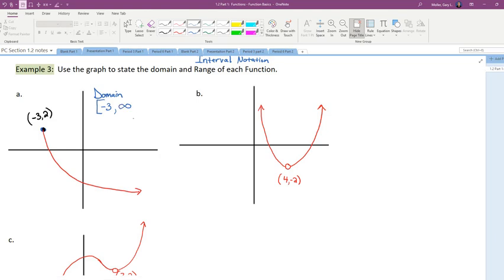Since we can't say a specific number, we're not saying go up to 1,000,000, we're saying just keep on going. Infinity is always with an open bracket or a soft bracket. Open and closed, hard and soft are ways you'll hear me talk about this. This one we would call open, and this one we would call closed. So that is the domain.